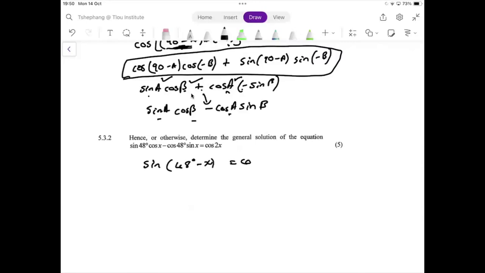This is equal to cos of 2x. How did I get it? If you look at the formula sheet, we are going back instead of expanding. We are using this to go back. Now, we want the same ratio. So I will say sine of 48 degrees minus x is equal to sine of, I need to say 90 minus 2x.